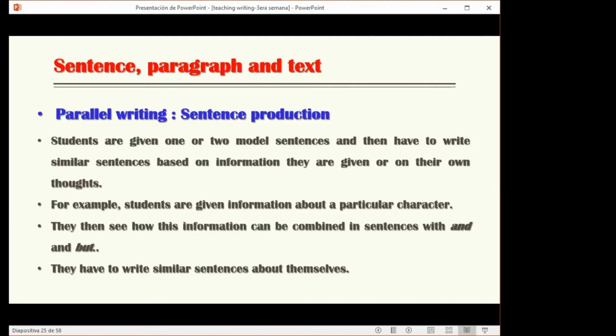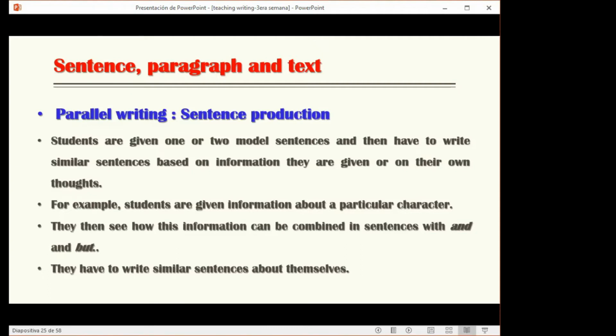So maybe you want to express reason, purpose, or to add information, give examples. So you could use many conjunctions. Remember that we call these discourse markers, but we are using them in a written discourse. And then they reinforce that by writing similar sentences about themselves.